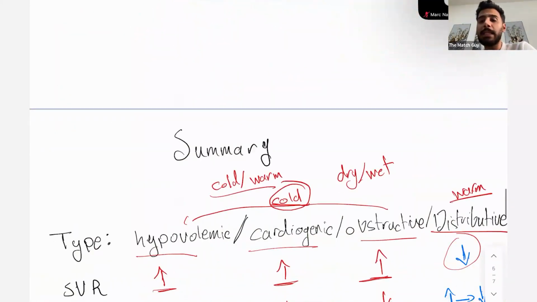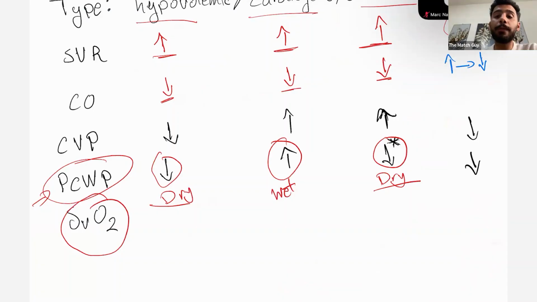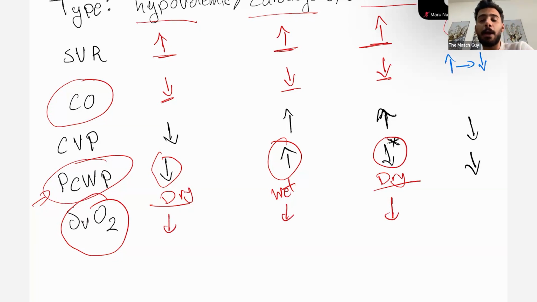And just to make things easy, generally, the SvO2 moves the same way as cardiac output. So if cardiac output goes down, the SvO2 should go down. And if the cardiac output goes up, SvO2 should go up, and that's why it goes up in distributive shock.